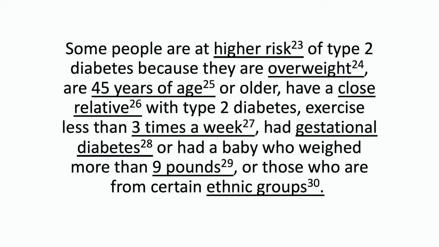Some people are at higher risk of type 2 diabetes because they are overweight, are 45 years of age or older, have a close relative with type 2 diabetes, exercise less than 3 times a week, had gestational diabetes, or had a baby who weighed more than 9 pounds, or those who are from certain ethnic groups.